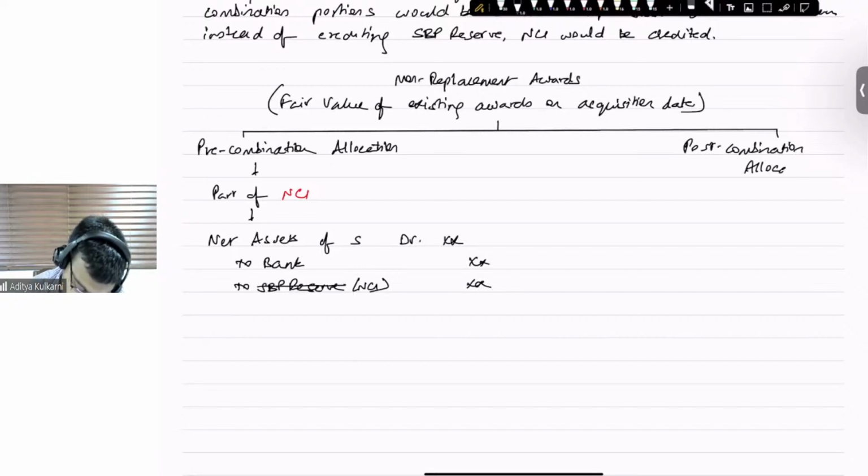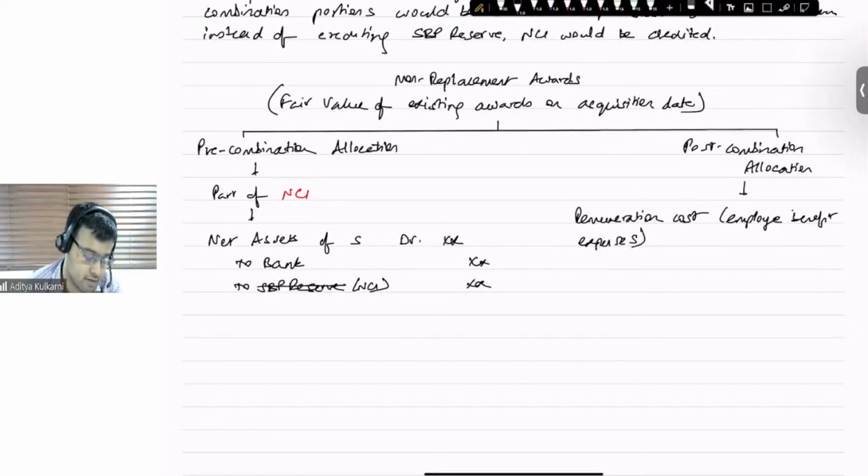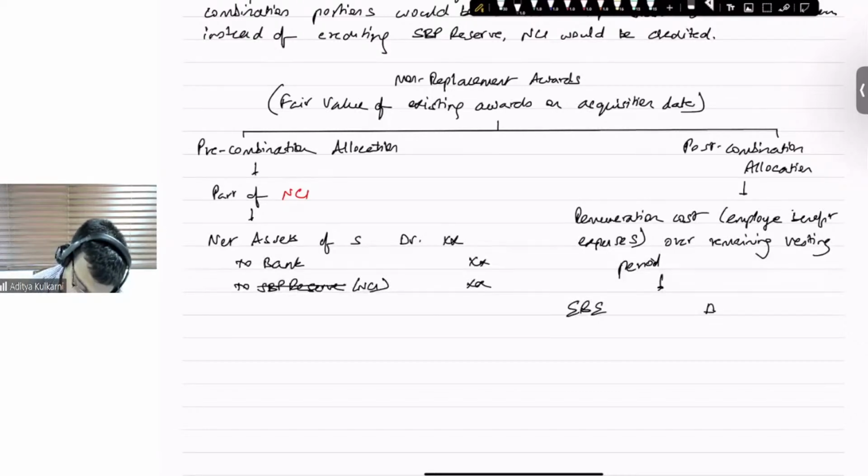Post-combination allocation. Remuneration cost, employee benefit expenses over the remaining vesting period. EBE debit to SBP reserve.